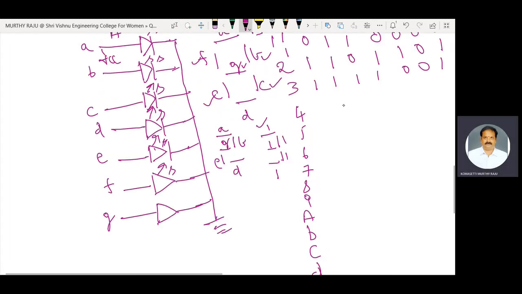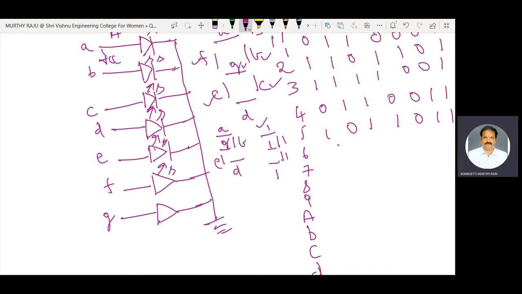For the fourth one: 0 1 1 0 0 1 1. For the fifth one: 1 0 1 1 0 1 1.